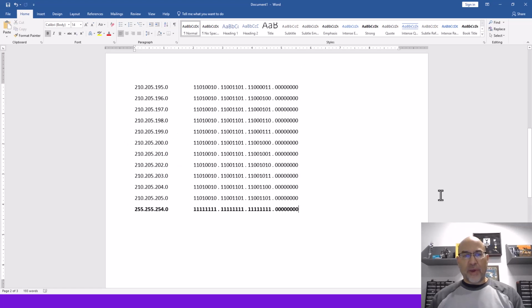Through the miracle of editing, we've fast forwarded a little bit, and here's a table of binaries. So what we have is a whole bunch of Class C networks on this side, and let's start off here with 255, and then I've got the masks down here, and we're going to manipulate the binary. The key to subnetting and supernetting is to take a look at the binary and see what patterns match.